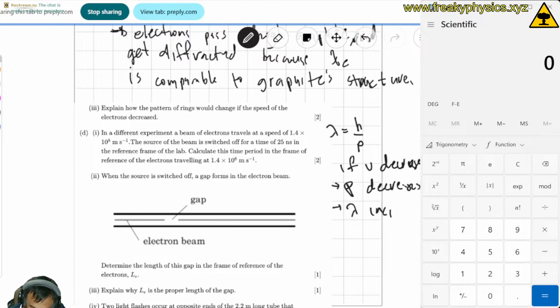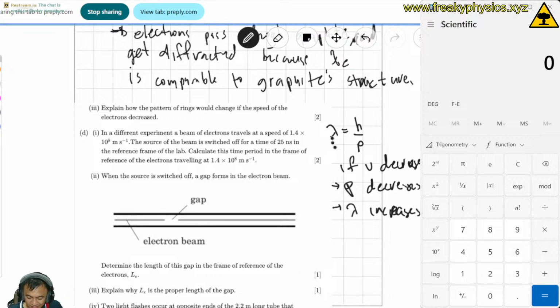Go ahead, what do you want to ask? Isn't V proportional to lambda? So if V decreases, lambda decreases, so P increases, because lambda is inversely proportional to P. Yeah, that's correct. So if P decreases, lambda increases.